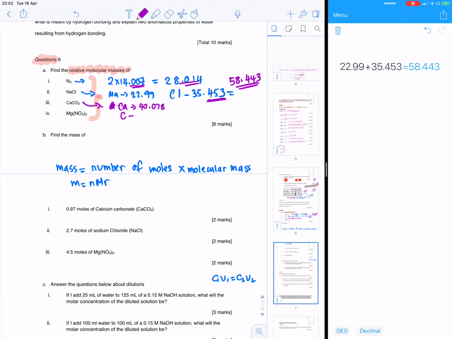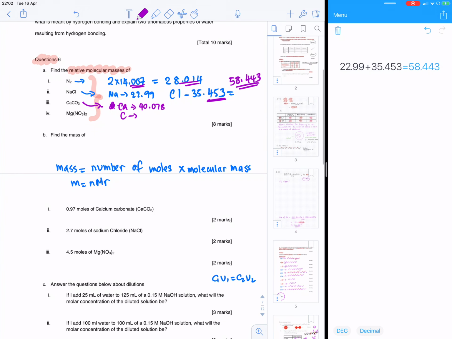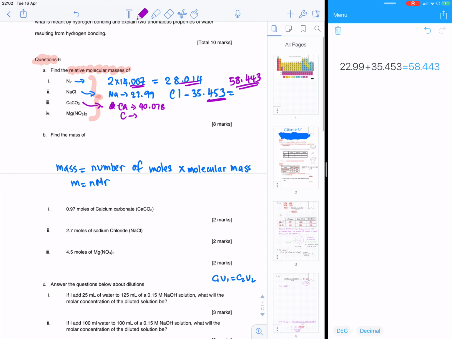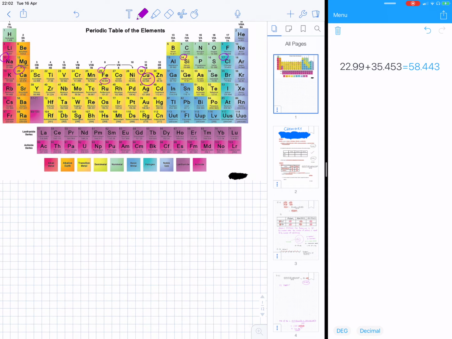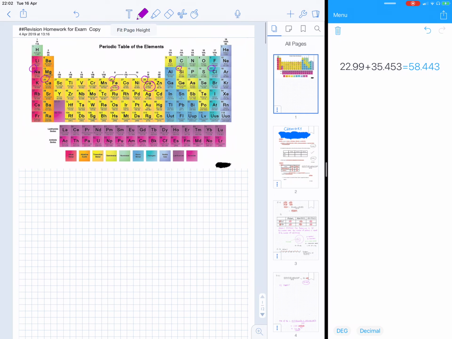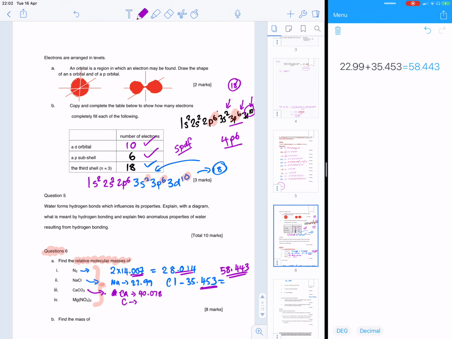Then carbon is right here, and carbon is 12.011.